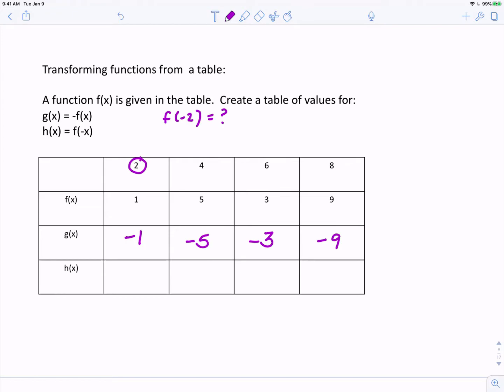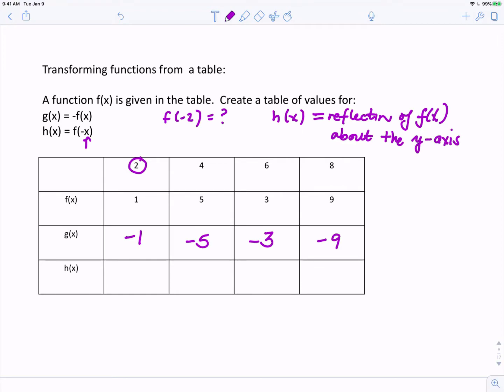Well, remember from the last video that when we multiply the input by a negative number, we know that h of x is going to be a reflection of f of x about the y-axis.